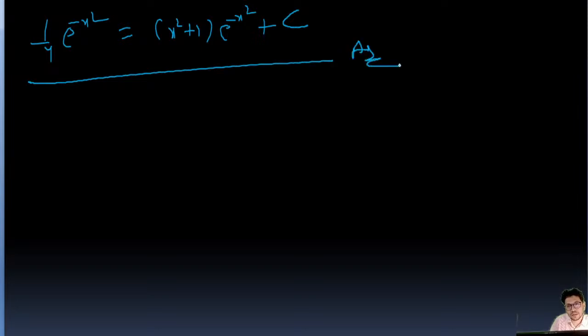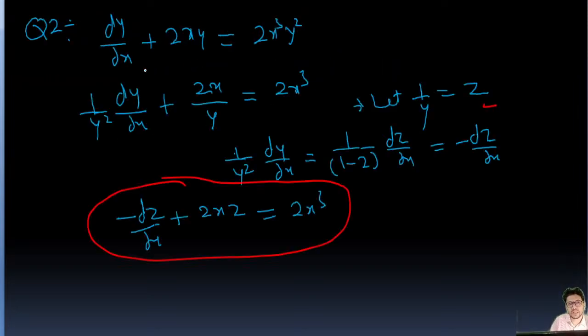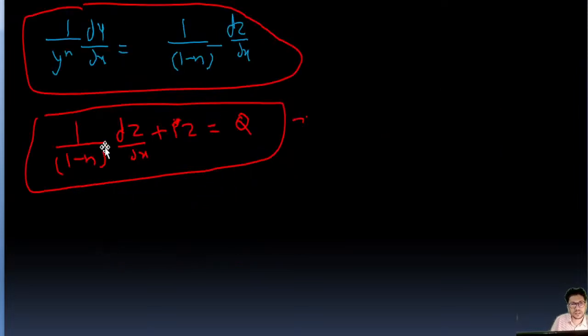So we have seen how we can reduce this type of question into a linear differential equation. What we have done is this, the general procedure: 1 upon y to the power n times dy over dx becomes 1 upon 1 minus n, that depends on the power, dz upon dx plus pz equal to 0, where 1 upon y to the power n minus 1 is z.